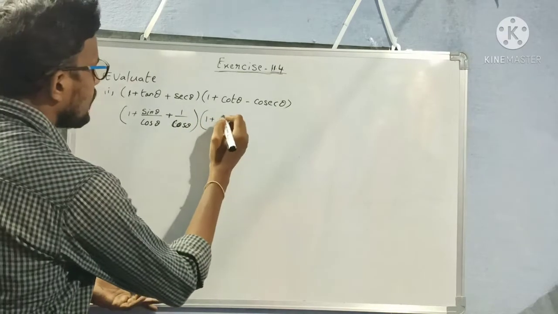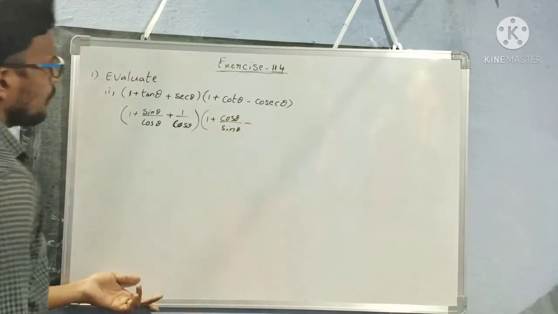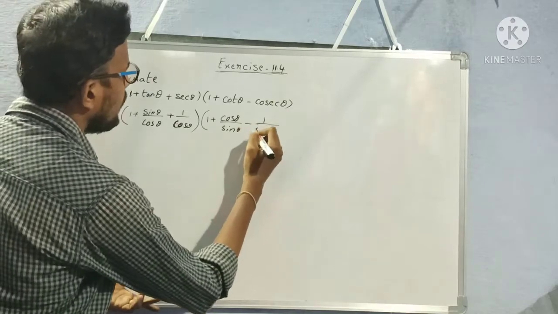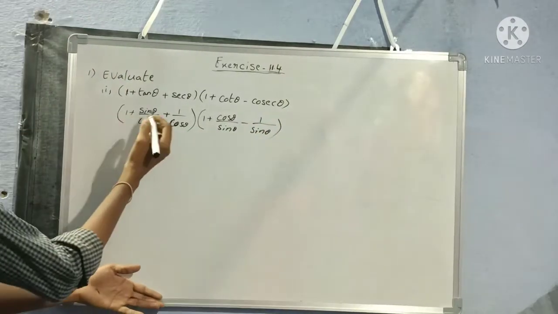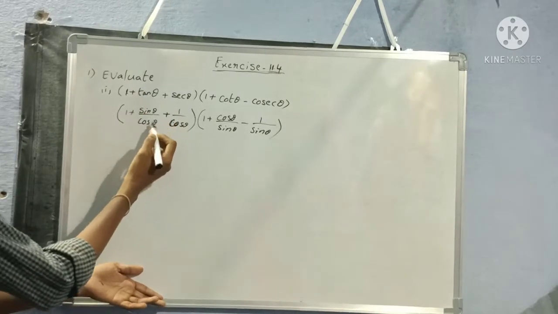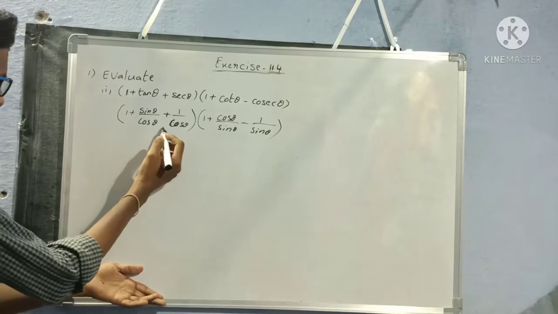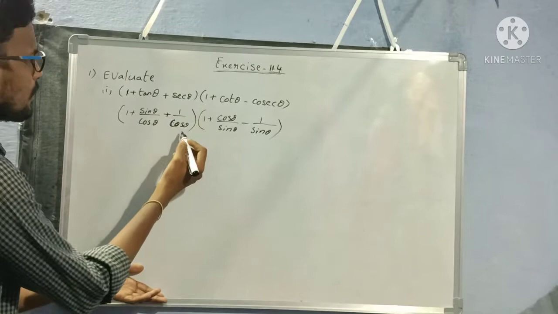Cot theta can be written as cos theta by sin theta, minus cosecant theta as 1 by sin theta. Once again I will explain: secant theta is the reciprocal of cos theta.